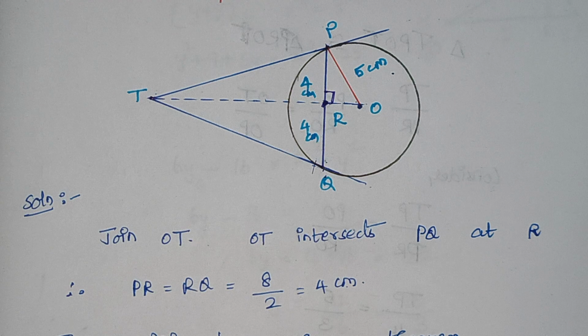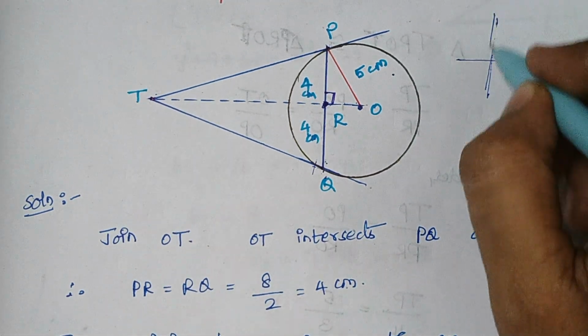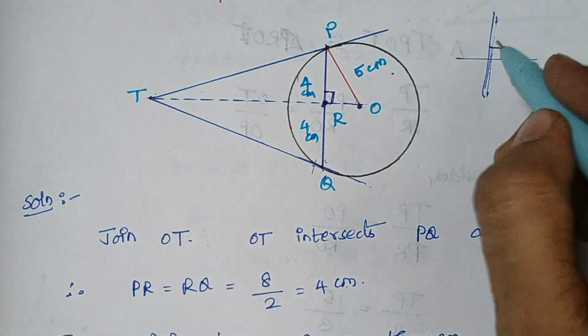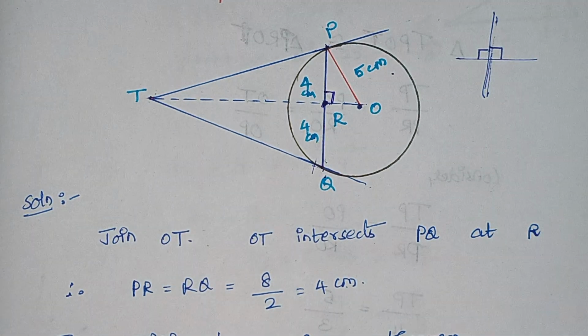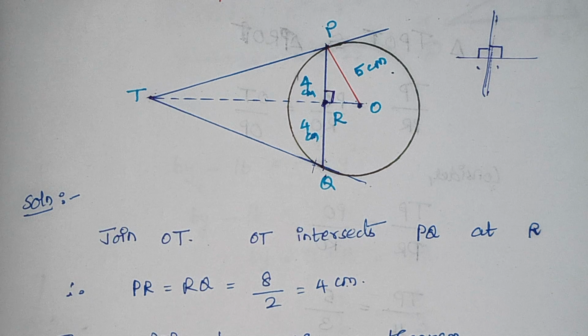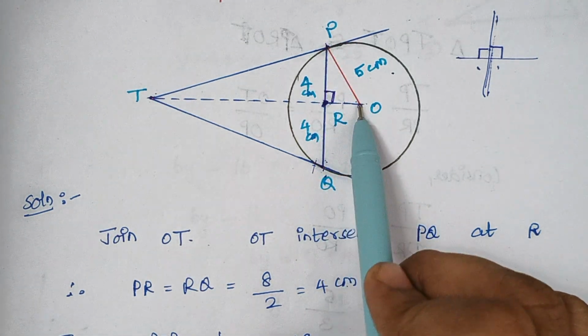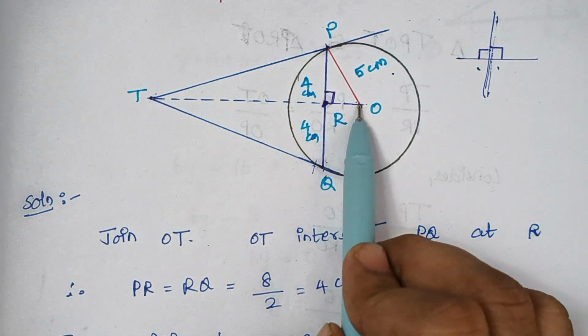Yes or no? Because they are perpendicular to each other. Whenever you have lines like this, the angle is 90. Similarly, this will also be 90, and similarly here also. Whenever you have a perfect L shape, that contributes 90 degrees. So by using Pythagoras theorem, we are going to find the value of OR.